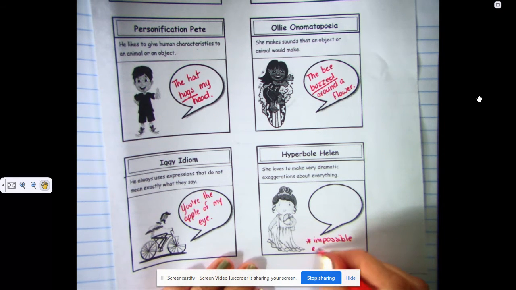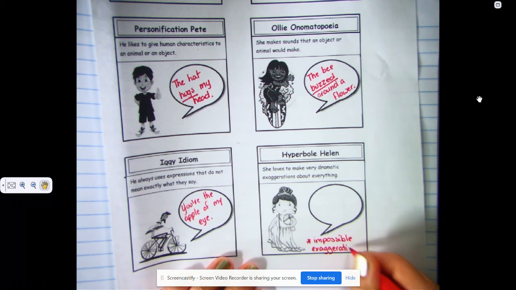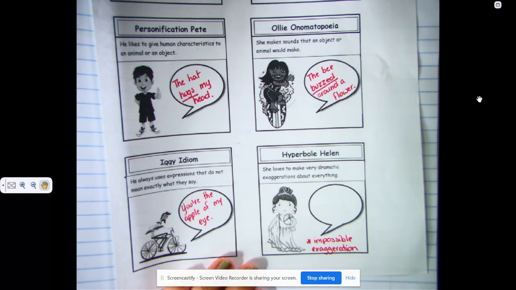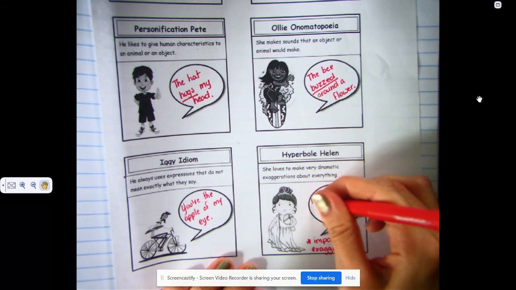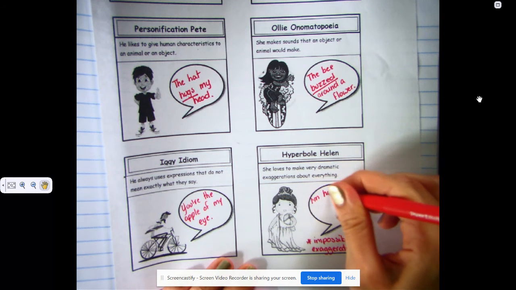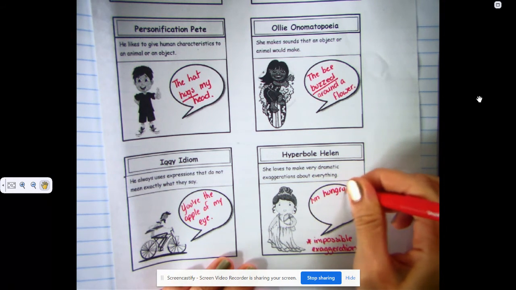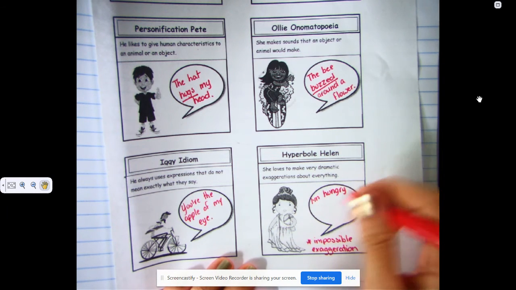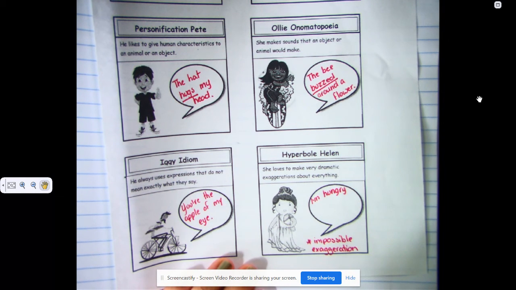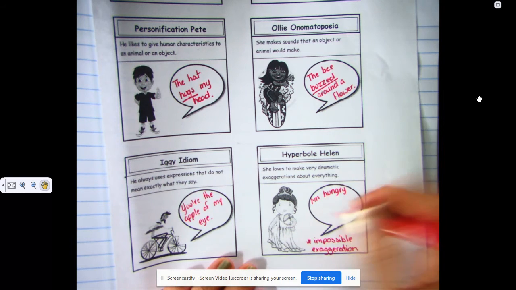It's got to be an impossible exaggeration. The example that we're going to do is, I'm so hungry I could eat a horse. And you'll hear that a lot, but no one could literally eat a horse. They don't really mean that they could eat a whole entire horse.